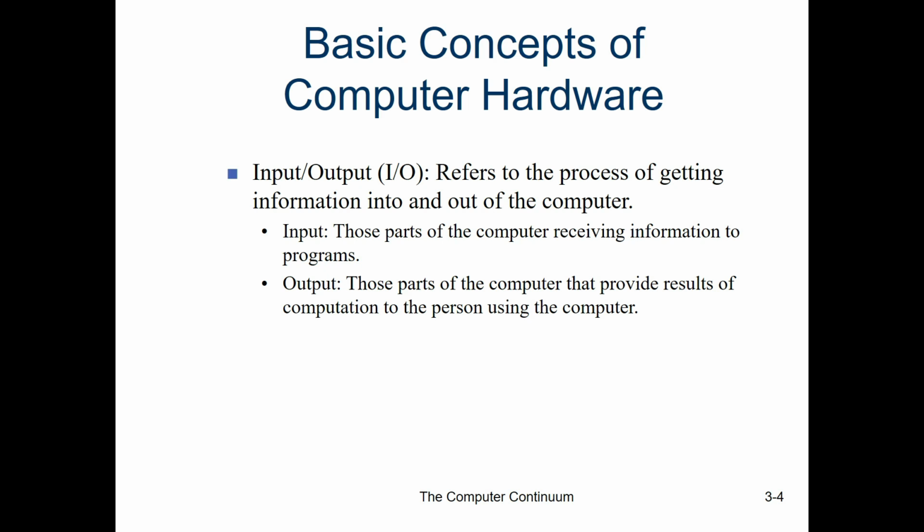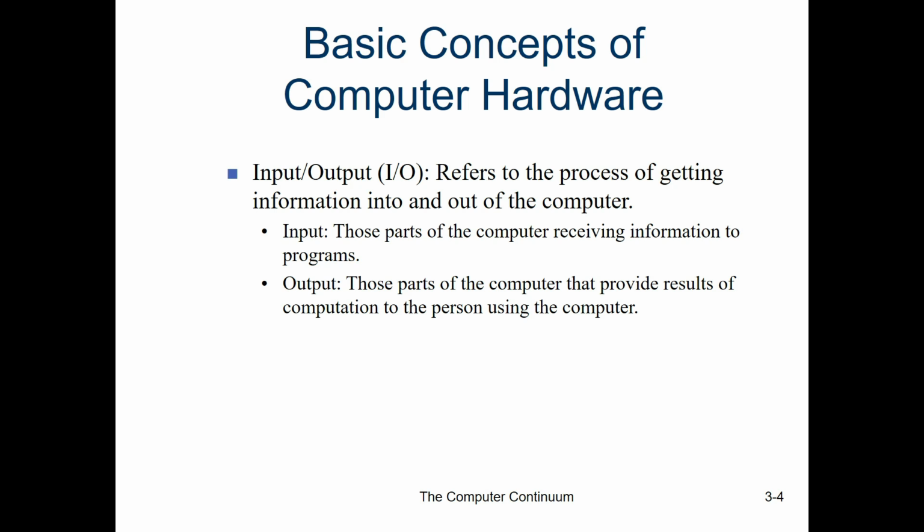Now, first thing, the input-output devices or unit. It refers to the process of getting information into the computer and out of the computer. I think it's obvious from the name what input and output are, so we don't need to define it further.